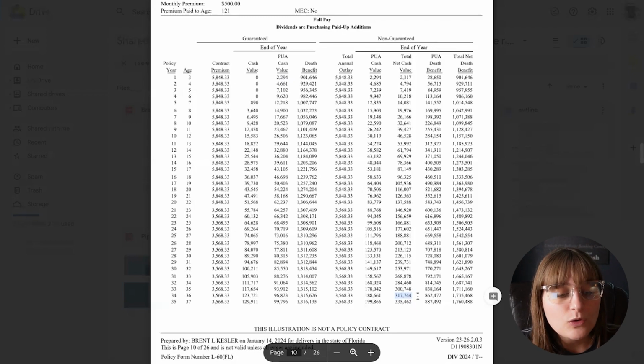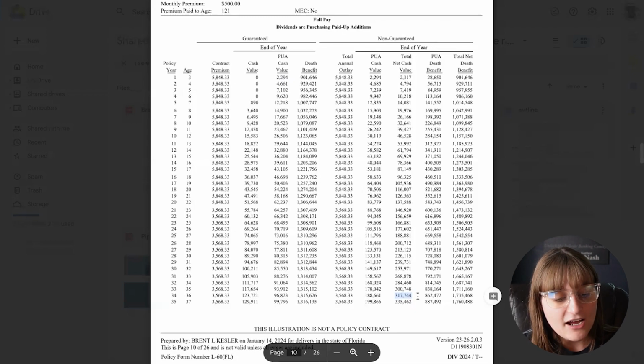So if I take 335 and I subtract 317, that's an $18,000 growth in that policy this year with a $3,600 net injection.